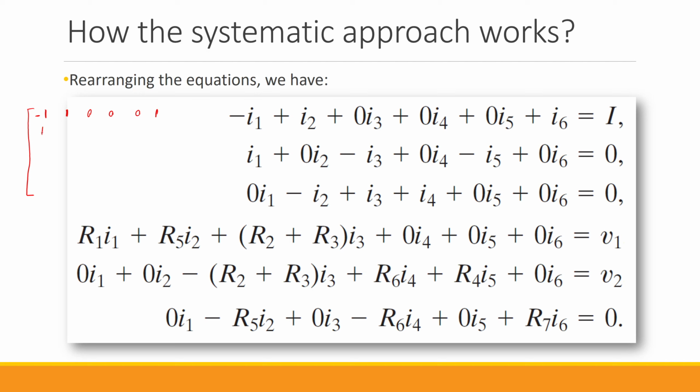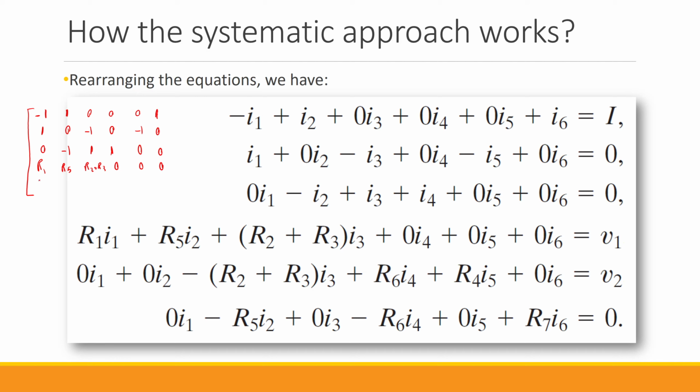I have 1 here, 0 here, -1, 0, -1, and then 0 here. For the third row, we have 0, -1, 1, 1, 0, 0. For the fourth row, we have R1, we have R5, we have R2 plus R3, we have 0, and then we have 0.